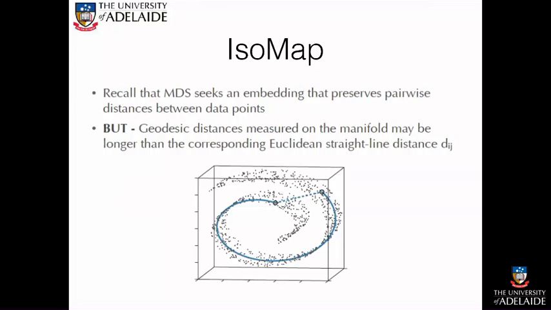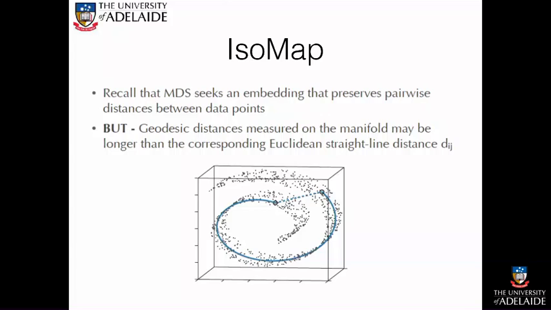Okay, so let's check Isomap. The idea of Isomap is, compared with MDS, the only difference is the way to calculate the pairwise distance between data points.